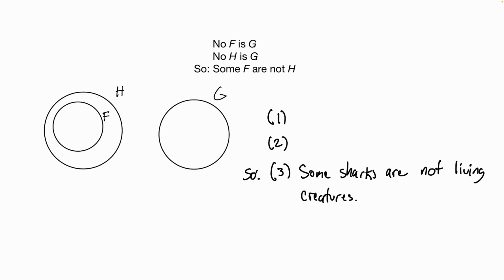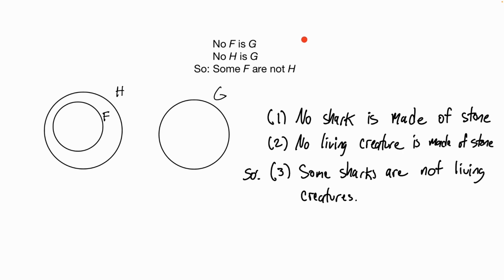G can be being made of stone. So then premise 1 would say no shark is made of stone. And premise 2 would say no living creature is made of stone. Now I have an inference that fits this pattern here. And the first premise is true, no shark is made of stone. The second premise is true, no living creature at all is made of stone. So some sharks are not living creatures.